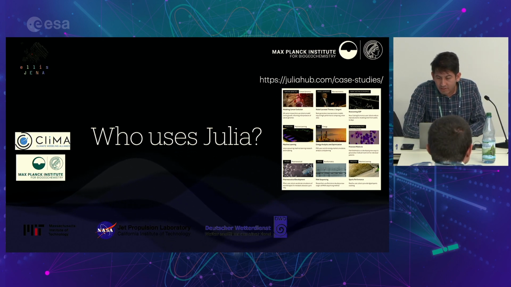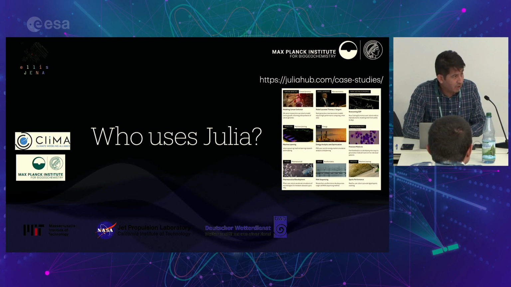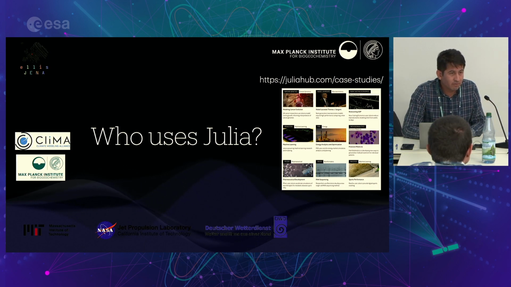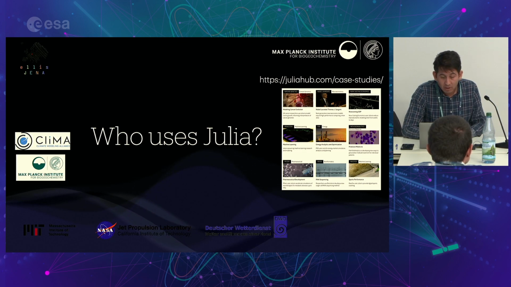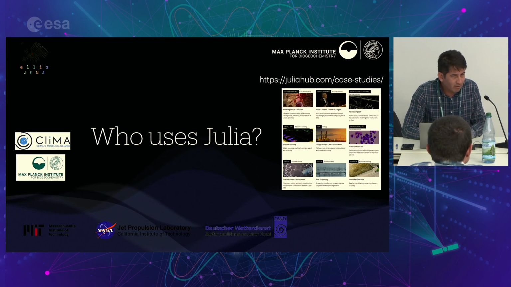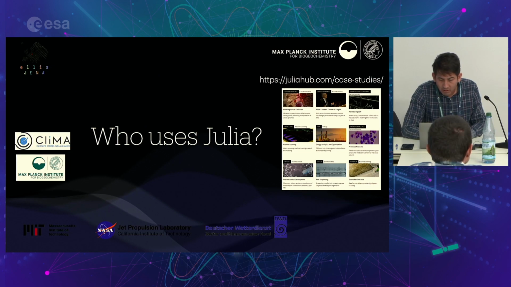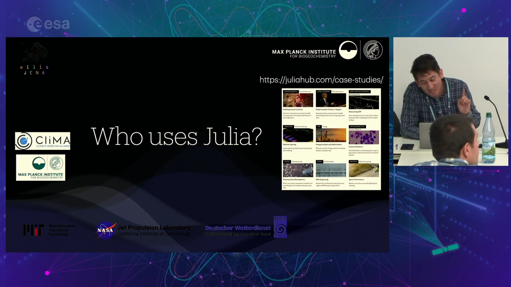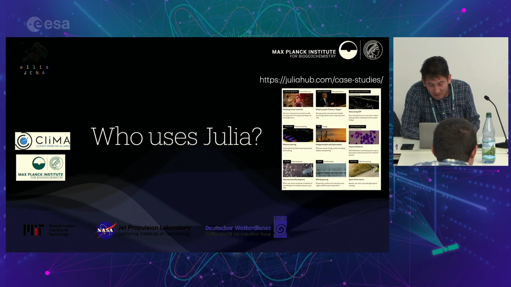And for more case studies, you can go to juliahub.com, where they showcase like 100 use cases of companies and institutions that are using Julia around the world. Yeah, of course, MIT is using it. I mean, the language was created there. And it's also used by the German weather stations.